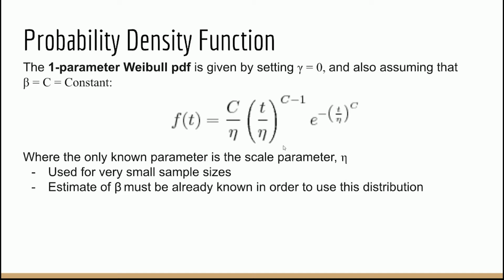The only unknown parameter in this one is eta, the scale parameter, and this is used for very small sample sizes. The estimate of beta, the shape parameter, must already be known in order to use this distribution. One advantage is that data sets with few or no known failures can be analyzed.